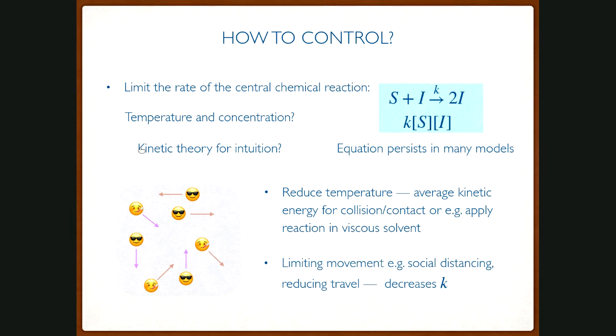So, for example, if we think of temperature as an average kinetic energy of collision, then if we lower the temperature in some sense, which would correspond to limiting the rate at which these collide, we can potentially slow the reaction down. And that's what's behind limiting movement. If we do social distancing, reduce travel, we reduce the influx and movement and potentially reduce this rate here, the rate of contact. As I mentioned, k is equal to beta divided by N.